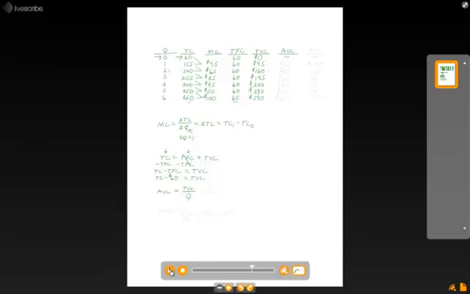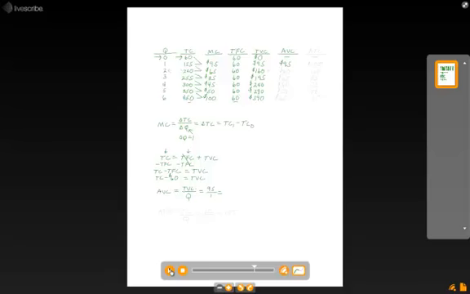But when we produce a quantity equal to 1, our average variable cost is going to be equal to 95 divided by 1. So our average variable cost for our first unit of output is going to be $95.